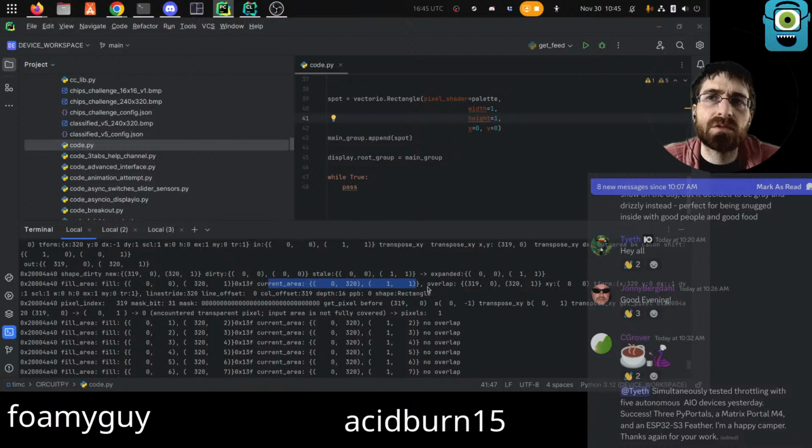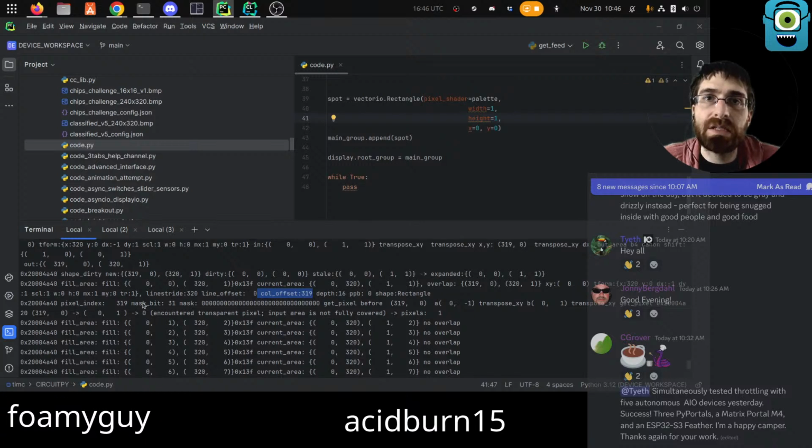Okay. Sure. About overlap 319. We found some overlap. We have XY of 0, 0. We have transform of all these things. Line stride. We have line offset. We have all offset. I don't know what that does. Depth 16. PVB shape rectangle.